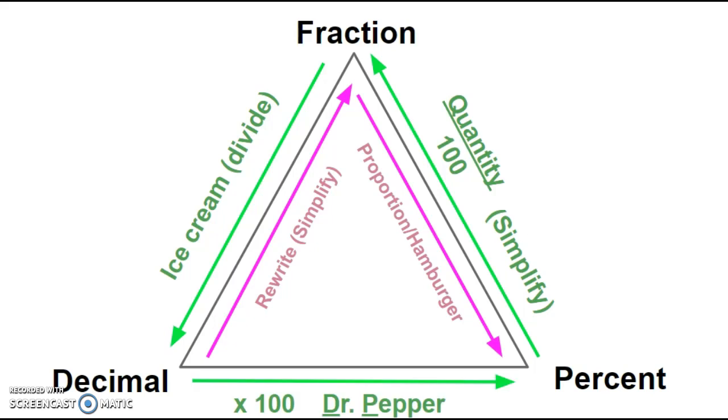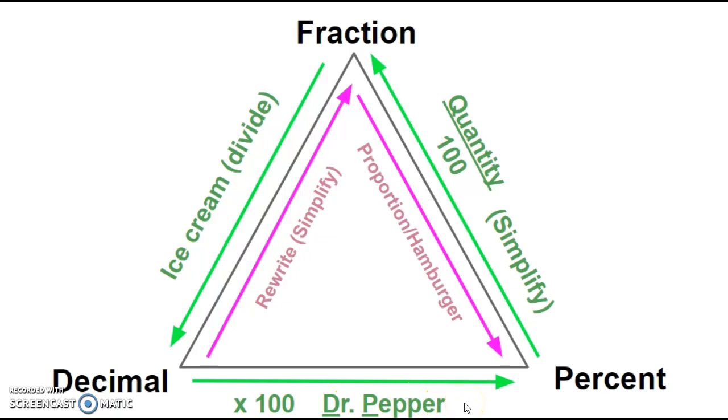If you have a decimal and you're trying to find the percent, you move from the decimal to the percent by multiplying your decimal times 100. When you do this, your decimal moves to the right 2 times. If you look here, from decimal to percent, those initials are D to P, and that's the same as Dr. Pepper.